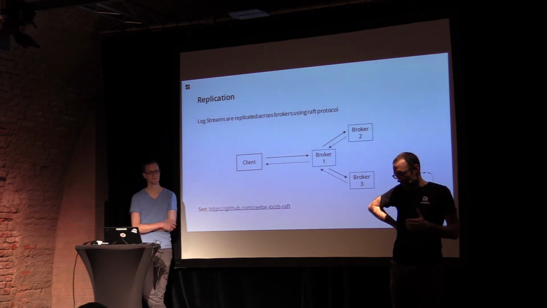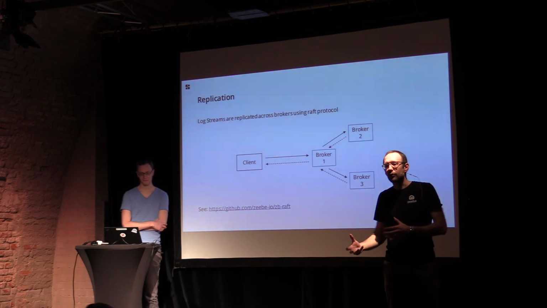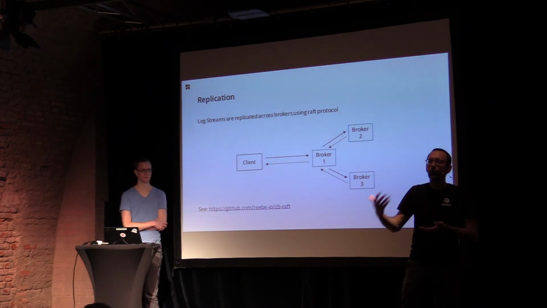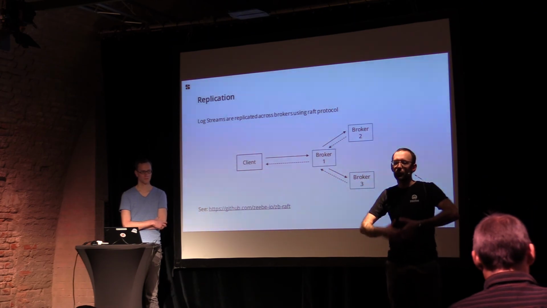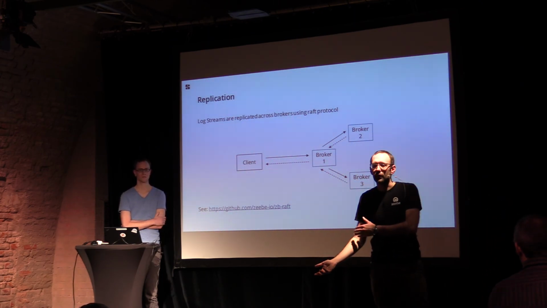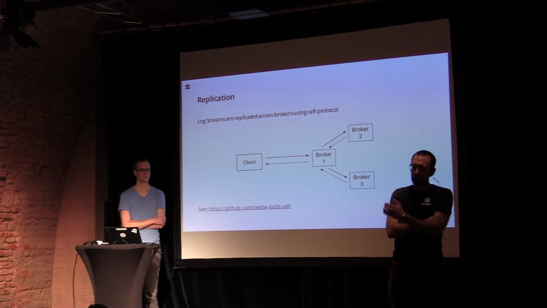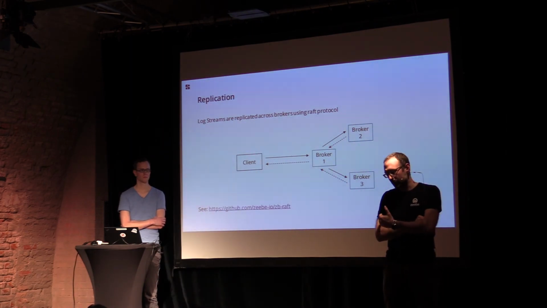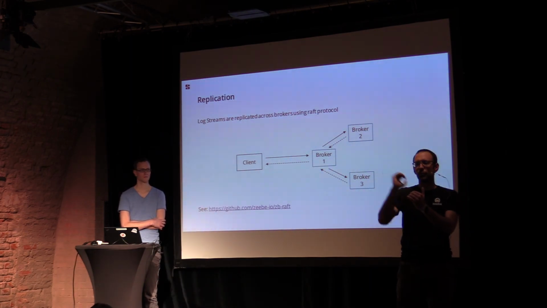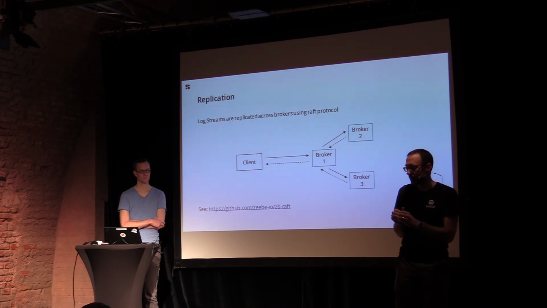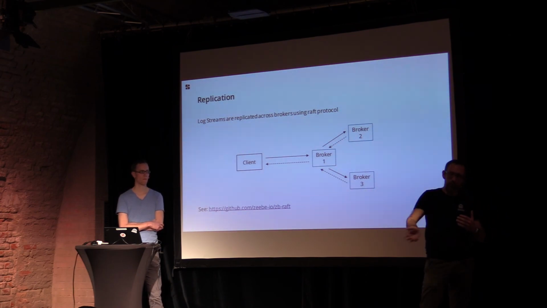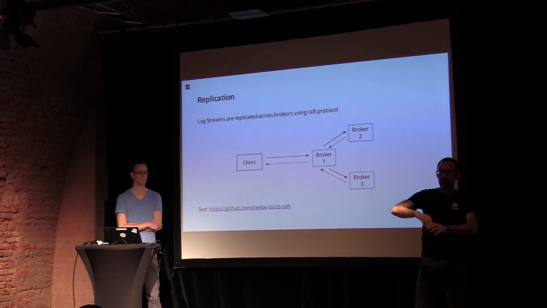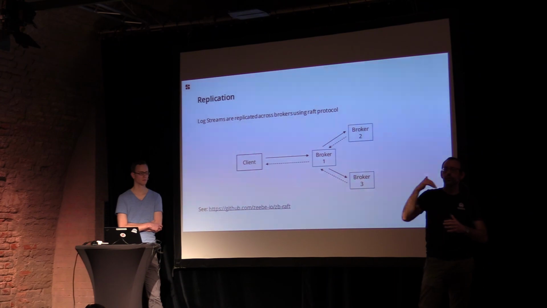We have used it with the replication, and of course replication comes at a certain cost. So if I don't do replication as I did here, I'm of course faster than if I do the replication. The replication is implemented with the same principles. So it is non-blocking and streaming, and that means when data comes in, it naturally flows through the system. So it goes to the file system, and then it gets pushed out to the followers.